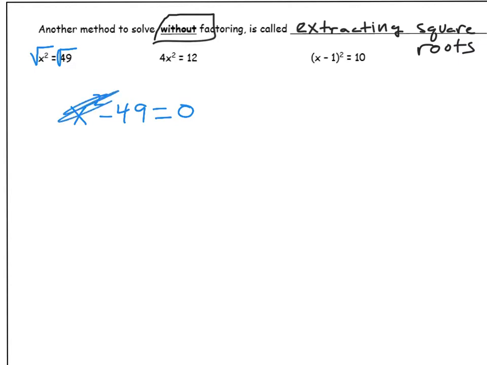All I have to do to get the solutions here is take a square root, and I get that the solutions are plus or minus 7, because the square root of 49 is 7.